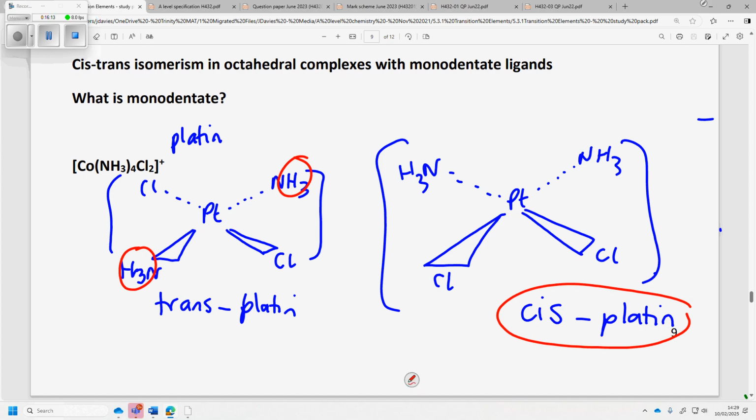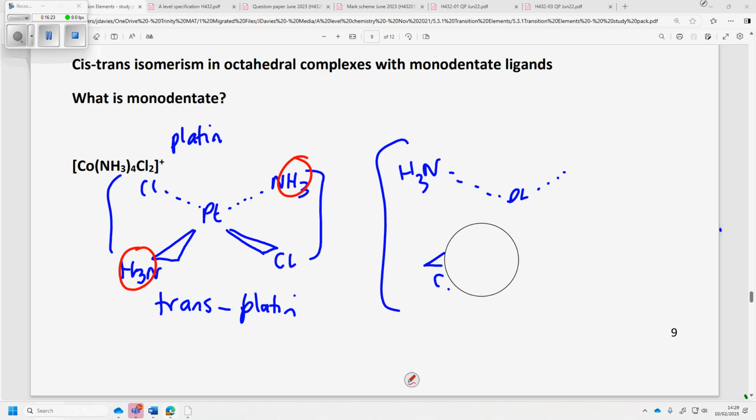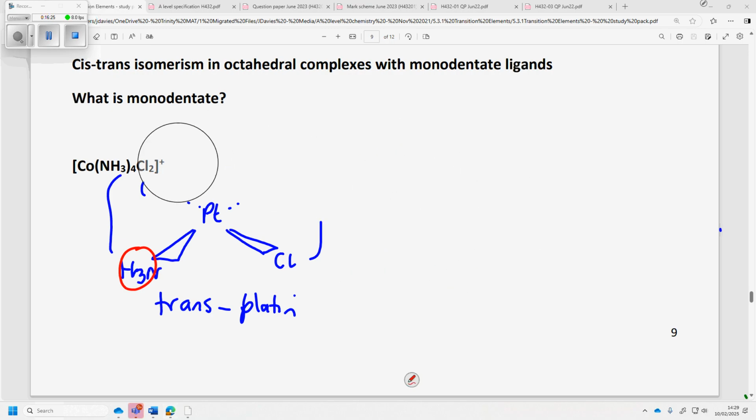Now, we also have cis-trans isomerism in octahedral complexes, as it says, with monodentate ligands. Now, what on earth are we talking about in terms of monodentate?